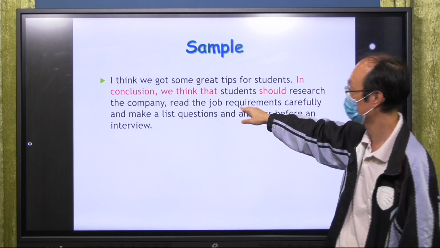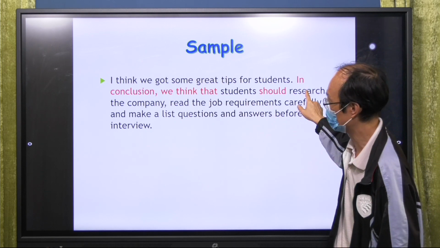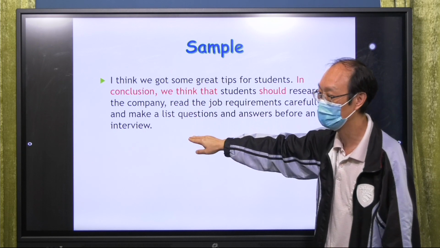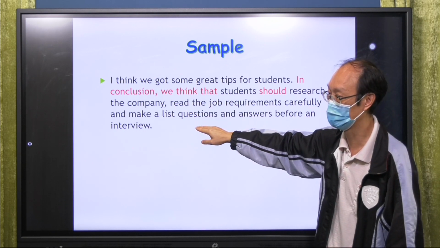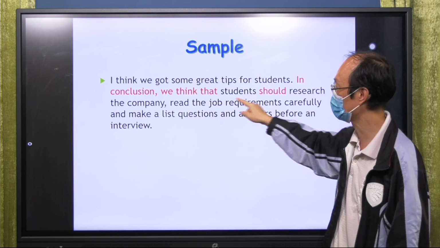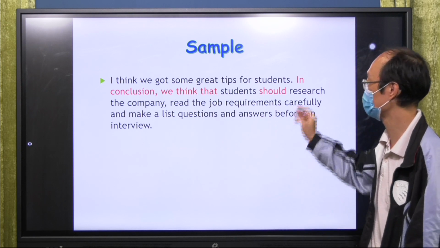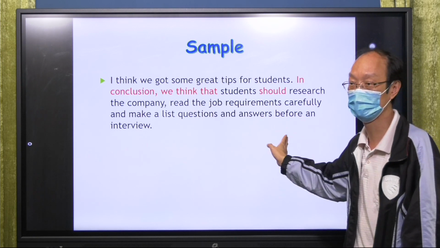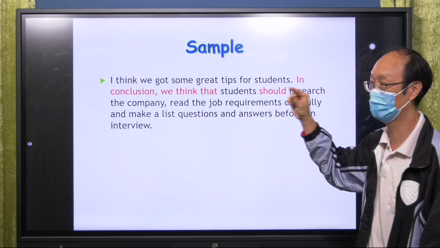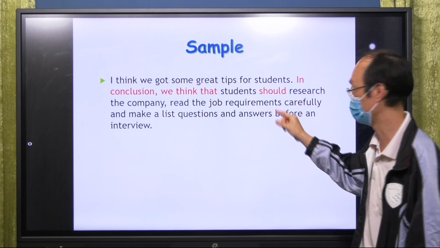You can see that research, read, and make are all things we have taught in the discussion. So at the end, we should use "in conclusion, we think that students should". We have taught this expression before.